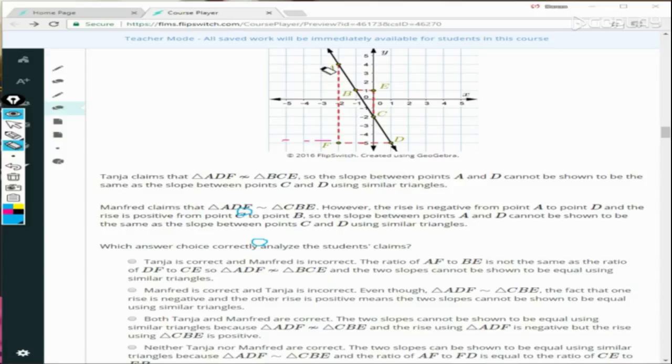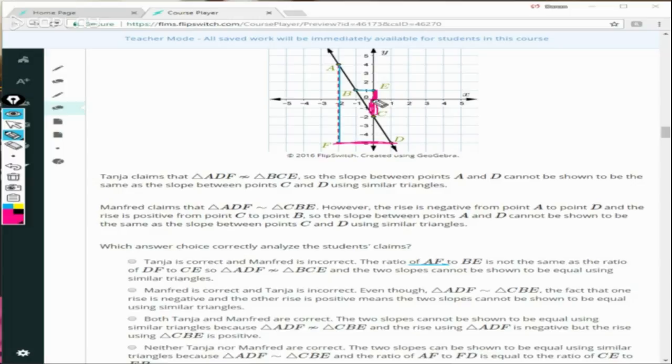So triangle ADF is not similar to triangle BCE, and the two slopes cannot be shown to be equal using similar triangles. Okay, let's talk about this. She is saying the ratio of AF to BE is not the same ratio as DF to CE.